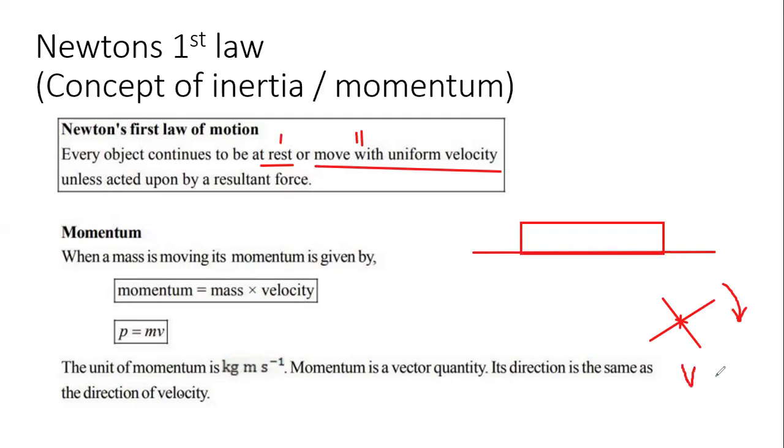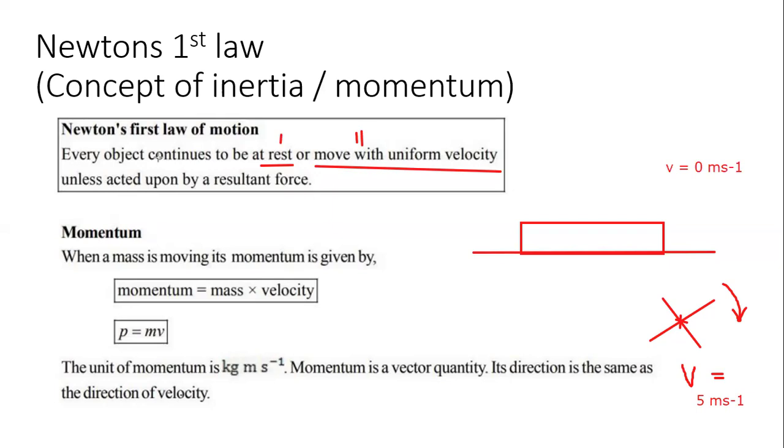Let's say V is equal to 5 m s^-1, the unit of velocity, 5 meters per second, right? Now, if you consider the first scenario, the book is in the rest condition, right? It is not moving. So I can say velocity is equal to 0 m s^-1, which basically says that the object is not moving at all.